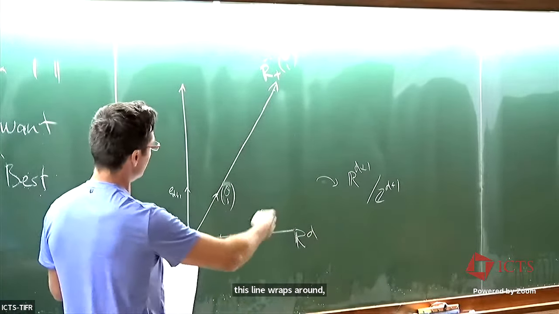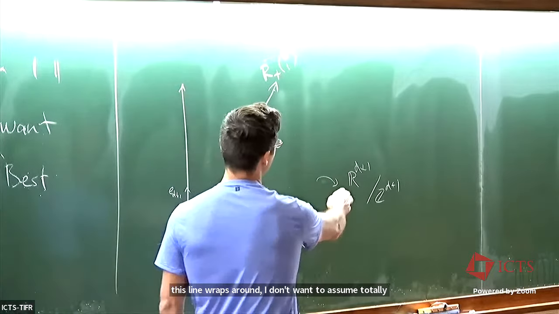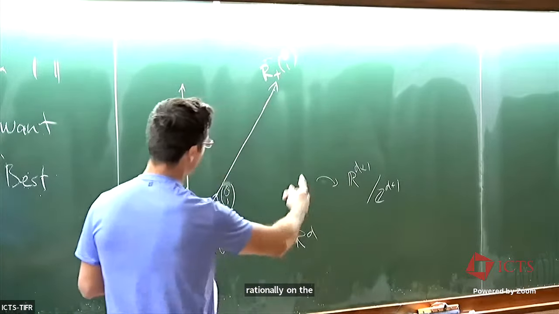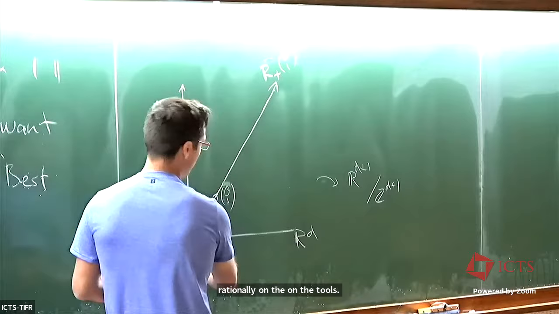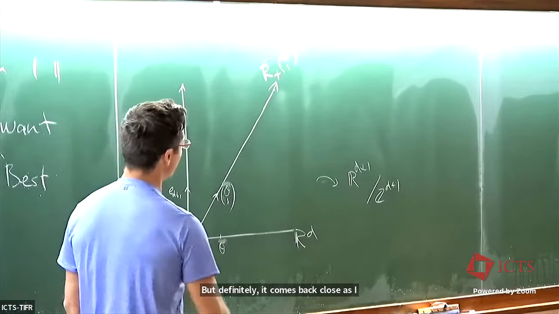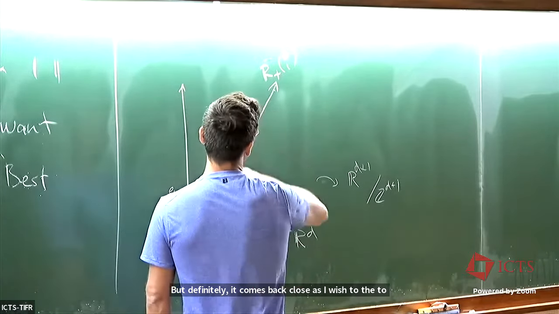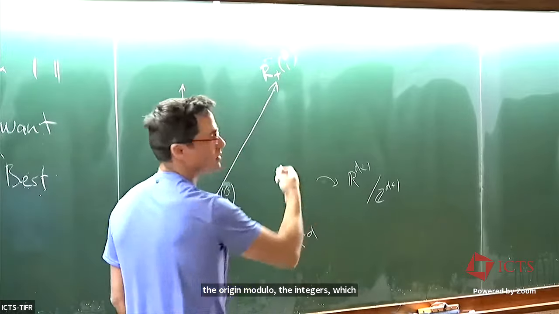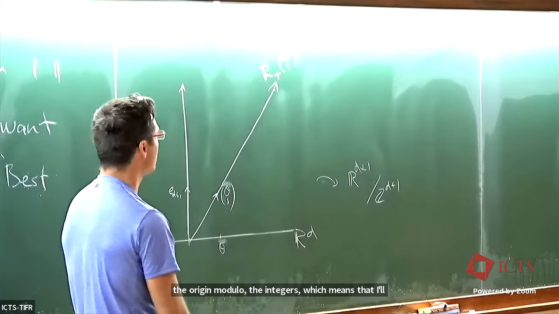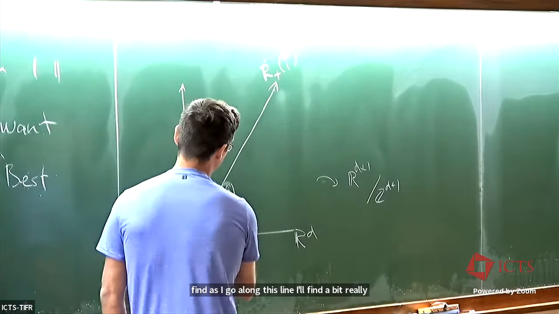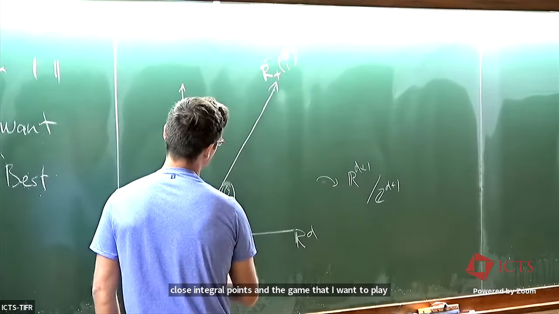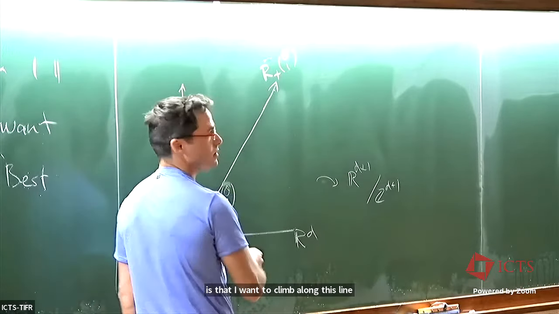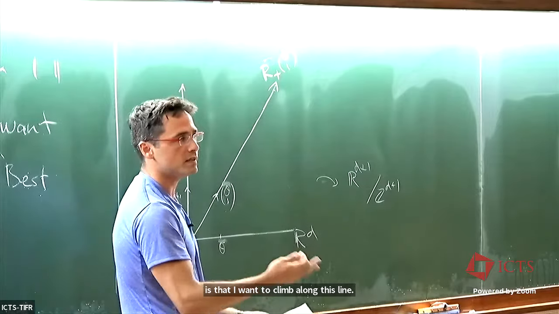I don't want to assume total irrationality on the torus, but definitely it comes back as close as I wish to the origin modulo the integers, which means that as I go along this line, I'll find arbitrarily close integral points. And the game that I want to play is to climb along this line and record the best approximations.